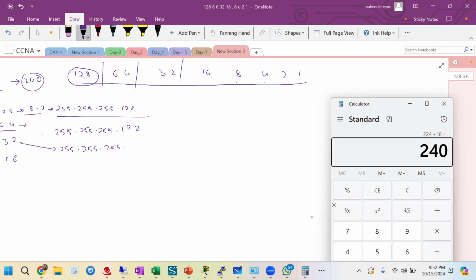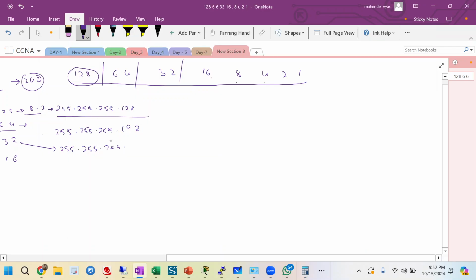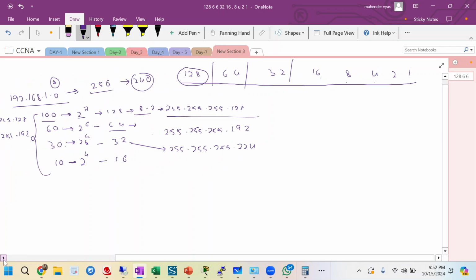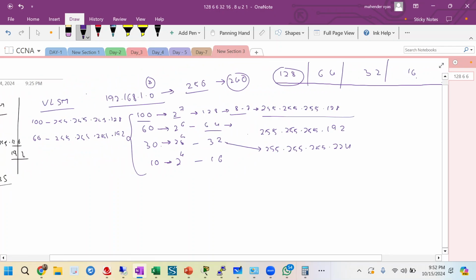It should be 224. 128 plus 64 plus 32, 224. So 224 is my new subnet mask. Now let me write it down here. For 32 users, 255.255.255.224.